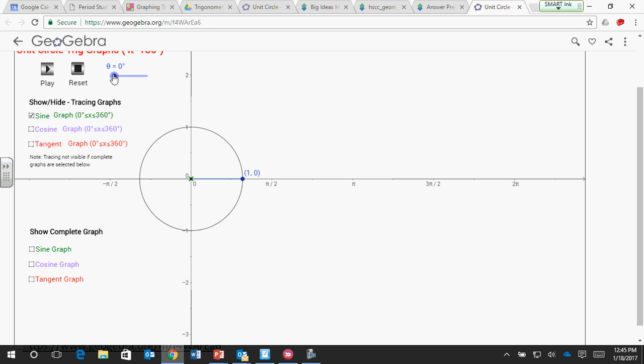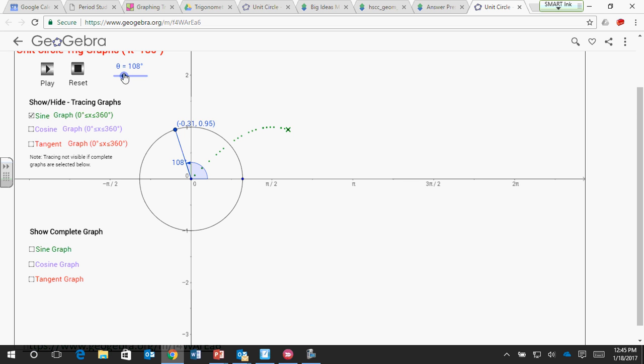So we're working our way around, tracing, and now we're at 12 degrees, and it's working its way up. Trace some more. And then we get to the top, and at 90 degrees, or pi over 2, we're at 1. Then we keep going, and it starts turning around and going back.